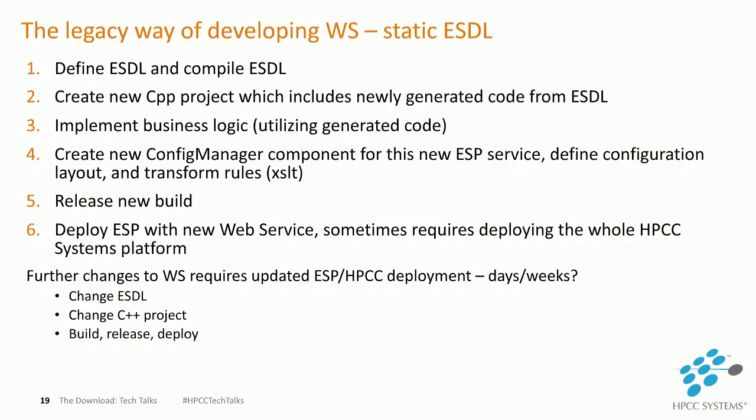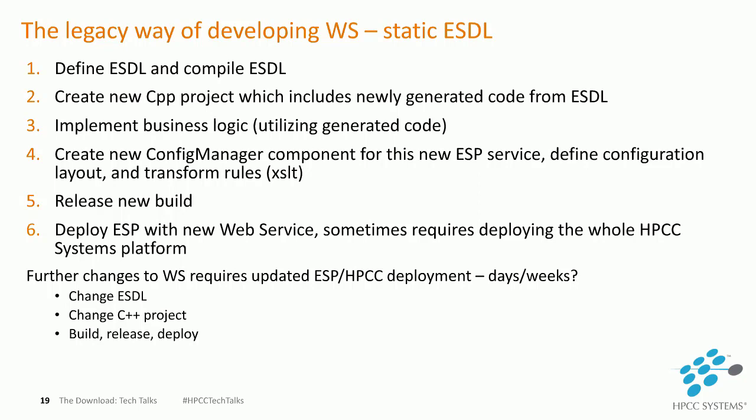Before we talk about dynamic ESDL, let's quickly review the current or legacy way of developing a web service with static ESDL. You have to go through these steps. You define the ESDL and compile it. You create a new C++ project, which includes newly generated code from ESDL. Then you implement your business logic in C++.